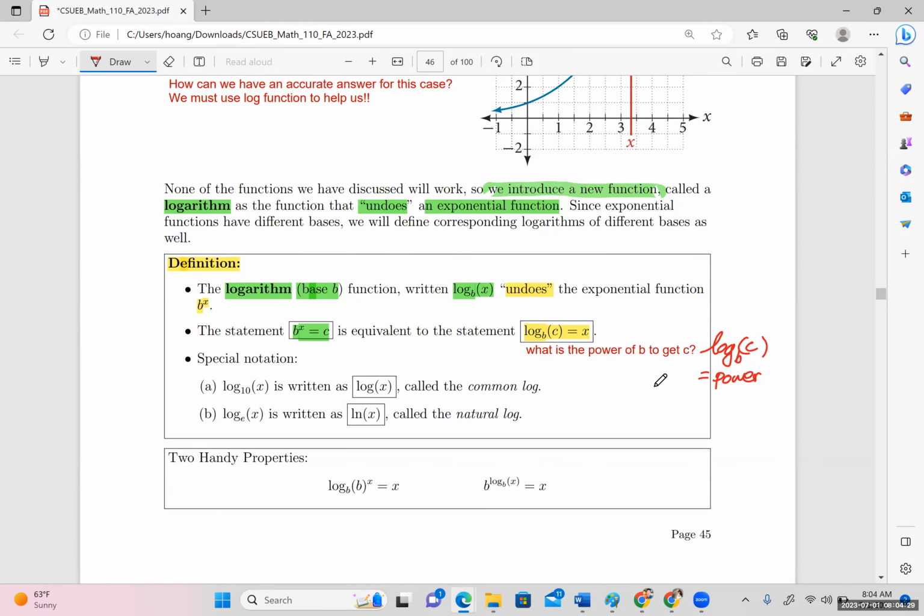As you remember, for example, in roots, let's say root 3 is the radical with index 3 of x, right?